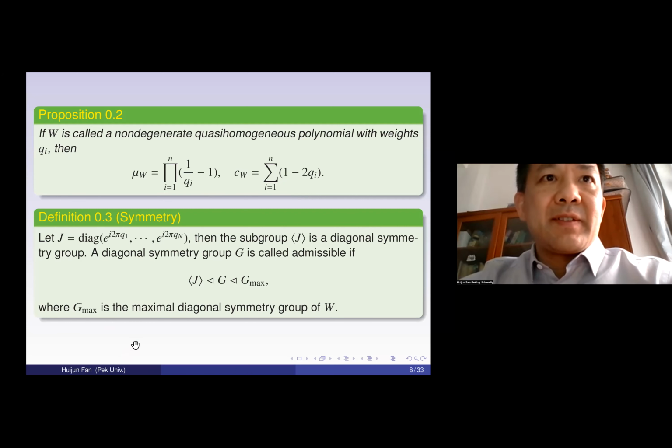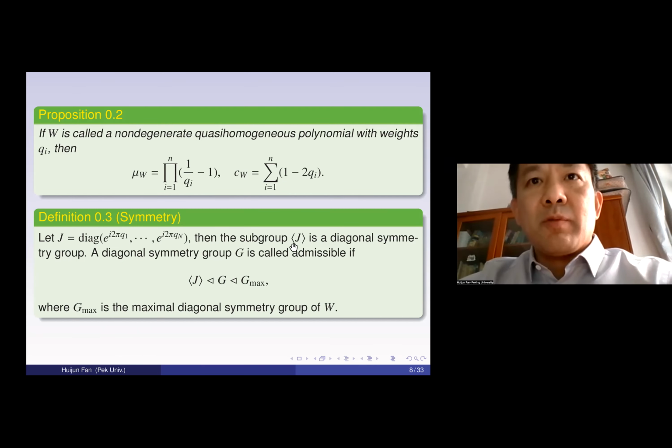Besides that, W has its symmetry. You can take a diagonal matrix J, so the entries along the diagonal are the numbers e to the i 2 pi Qi, where Qi are the weights of the variables Zi.